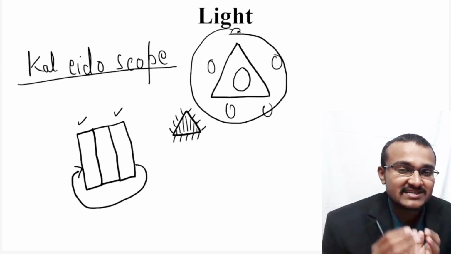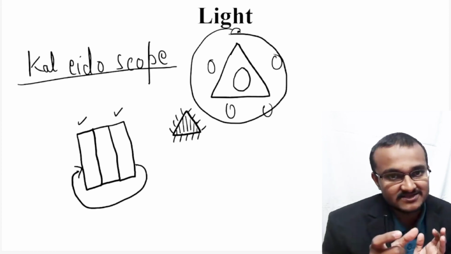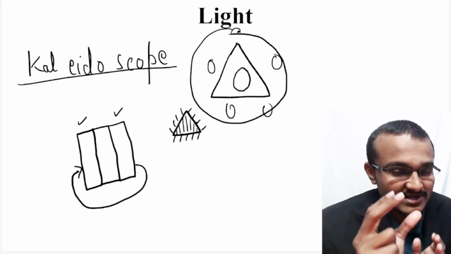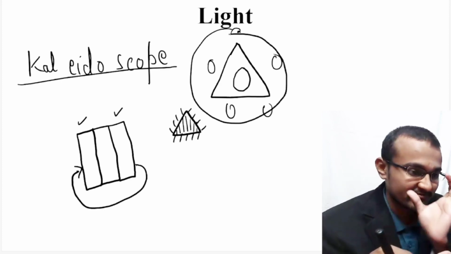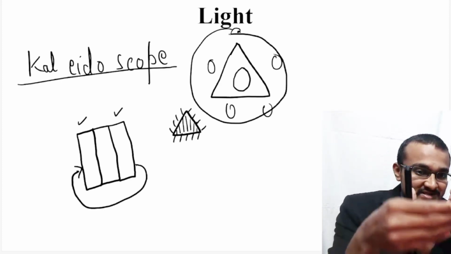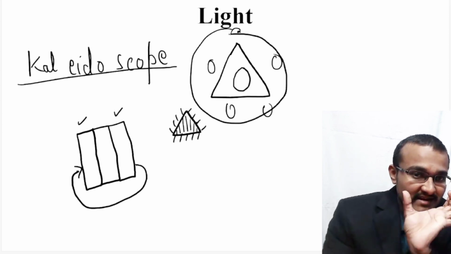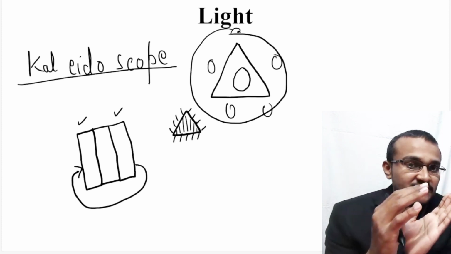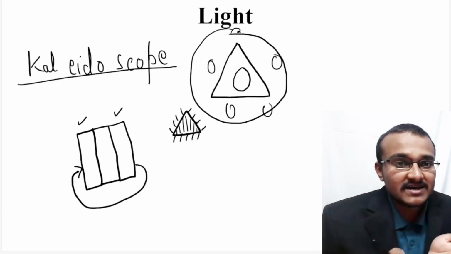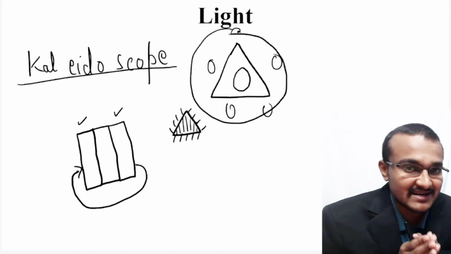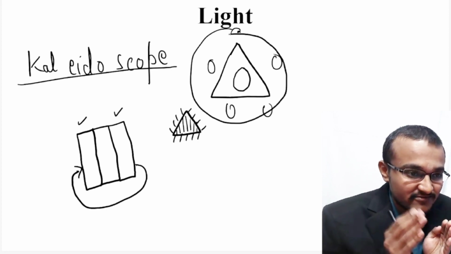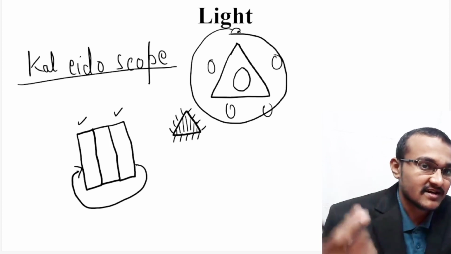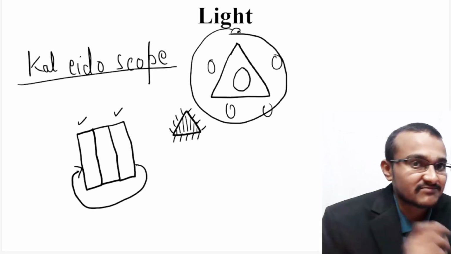By this you can get new ideas for designing things, because you have drawn a drawing on that transparent paper on one end of the kaleidoscope, and from the other end you see that drawing along with multiple images of it clubbed together. So you can see a beautiful image inside a kaleidoscope, and that will give you new ideas for your new designs. This is one application of multiple reflection.